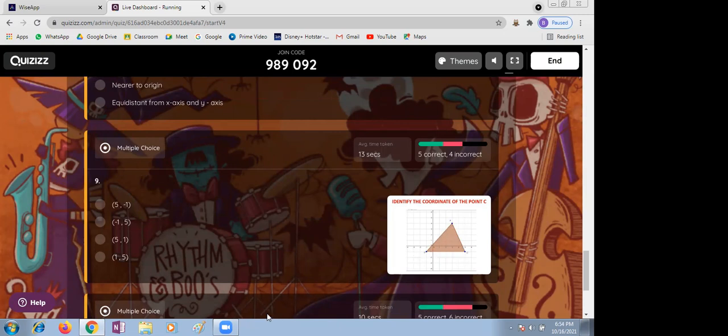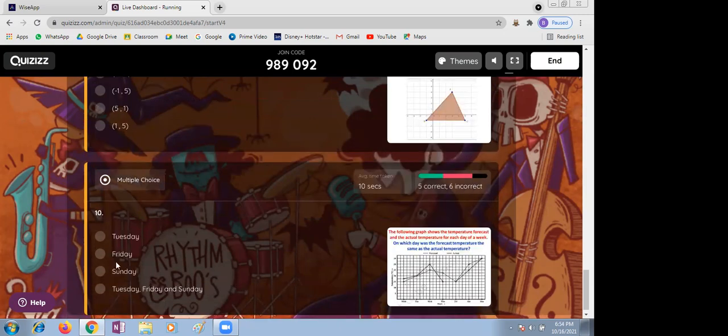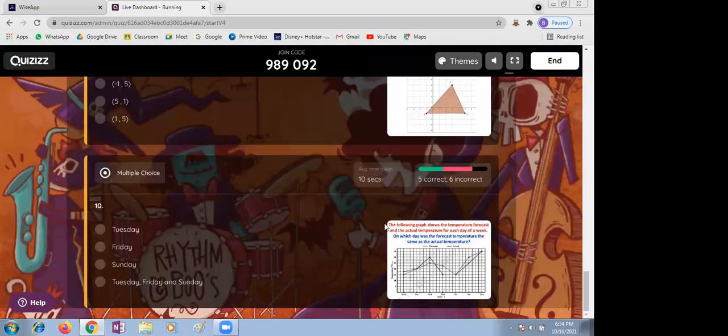Okay. Next one, what is this? The graph shows the temperature forecast and the actual temperature for each day in the week.